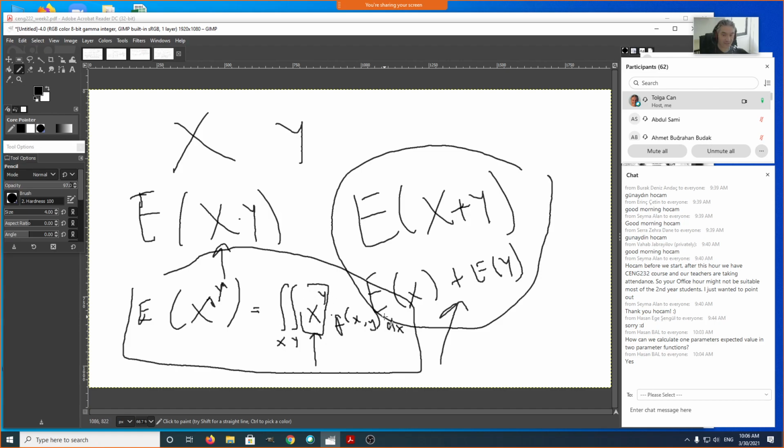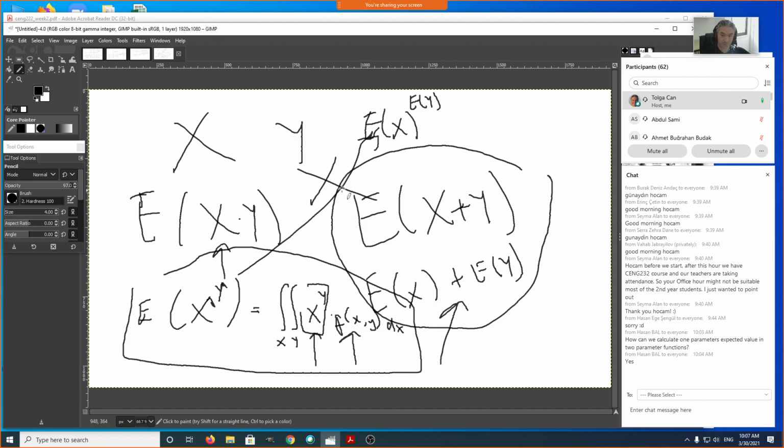Again, it's going to be a weighted average, but the interesting thing here is that the joint probability is multiplied with your values, and since these may not be linearly separable, that's why we cannot write this in general. We cannot write E of x to the power y as a separate expression.